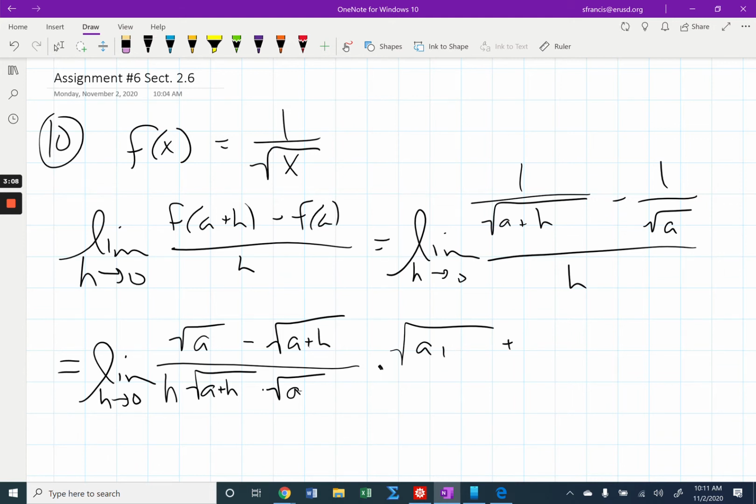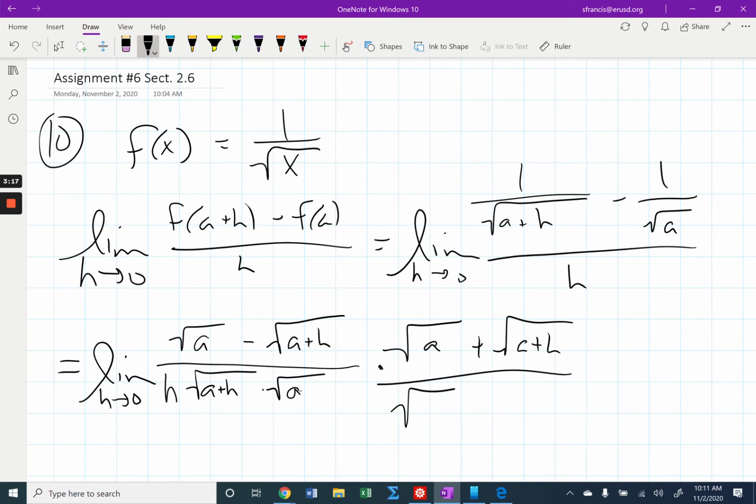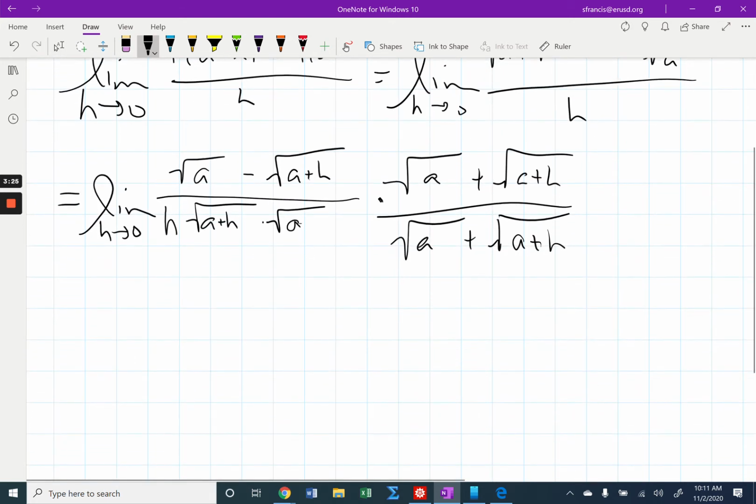Whoops, get the order right here, excuse me. Root a plus h over root a plus root a plus h. I'm not going to help too much more. I'll do a little bit of the algebra, and then I'll kind of let you finish it.